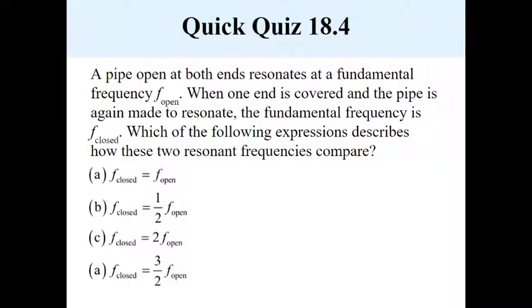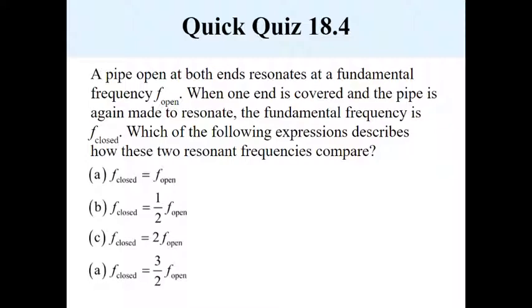So a pipe open at both ends resonates at this fundamental frequency, f open. Right now we're switching into a quick quiz before the end of the lecture. We know the frequency of the open pipe, and then we're saying that one end is covered and the pipe is made to resonate.